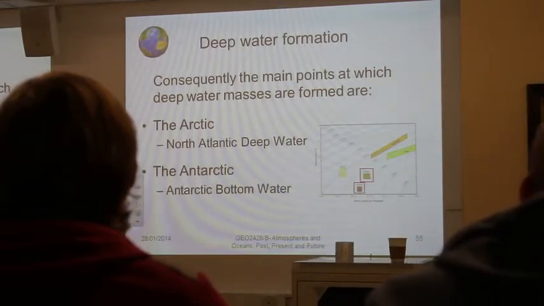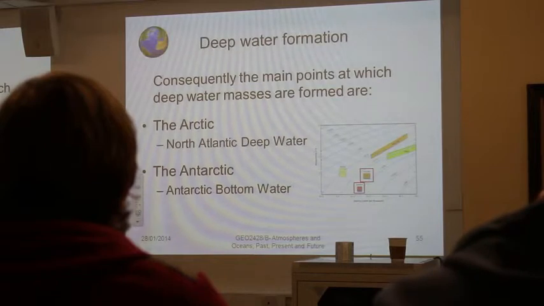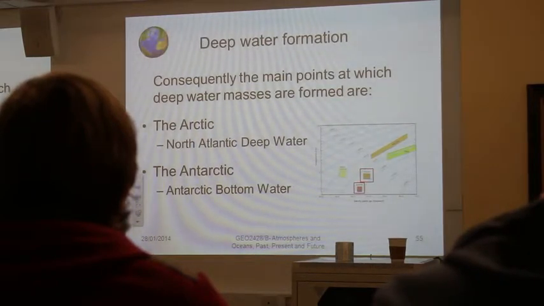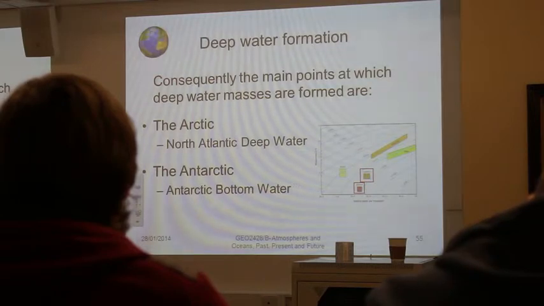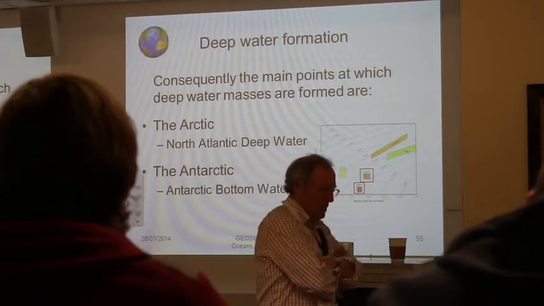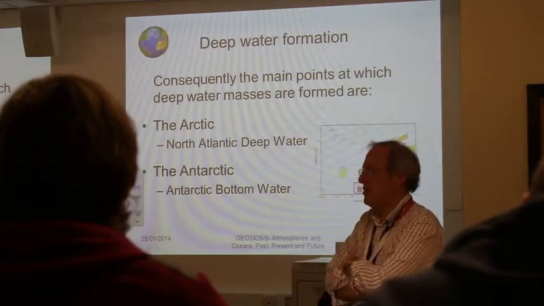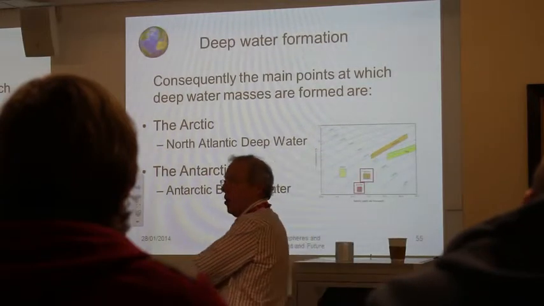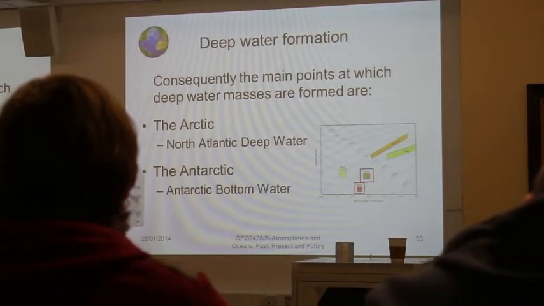What would be the effect of producing an ice-free Arctic on global circulation then? You wouldn't have deep water formation. If deep water formation drives the system, then effectively you're going to change the whole conveyor belt of the global ocean system.